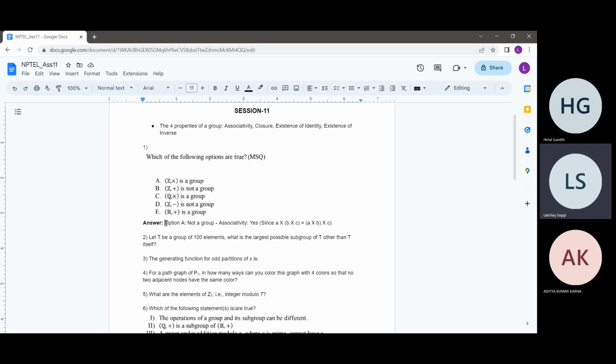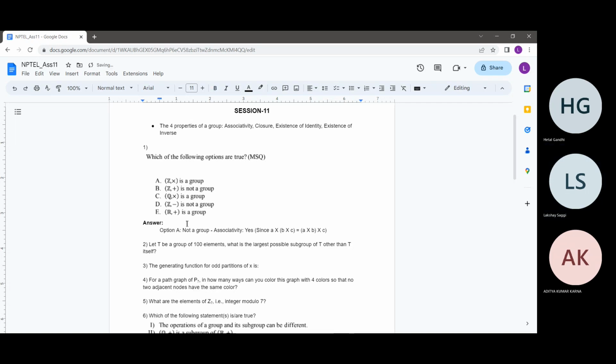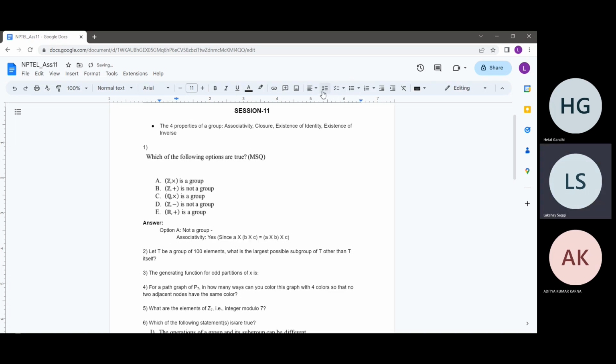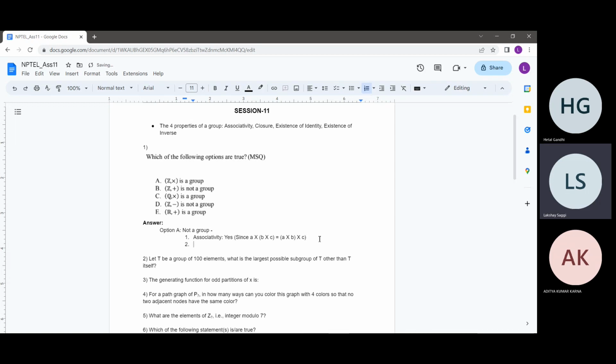Why is this not a group? I'll just write this in terms of these four properties. Associativity holds. Then the second thing is closure.